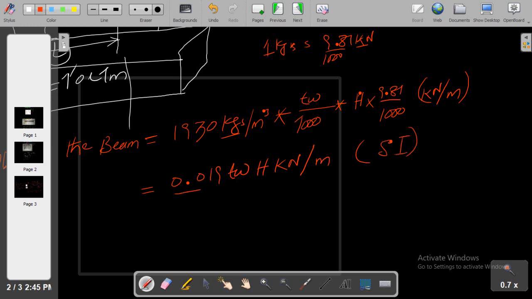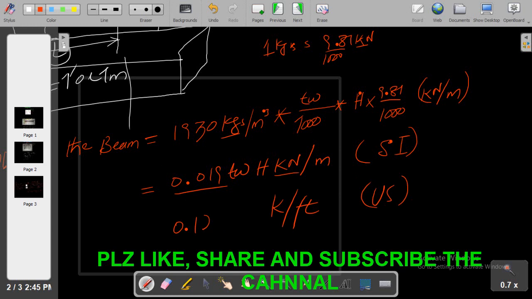If we convert this factor to US customary units, the kilonewton will be converted to kip per feet, so the value will be 0.12 TW into H. The conversion is simple.